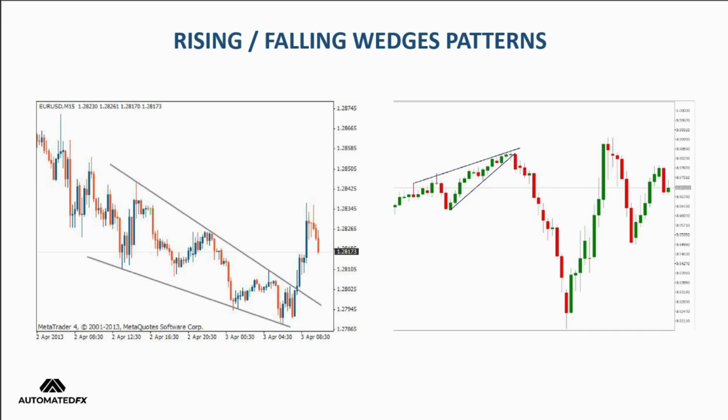A falling wedge forms when price moves downward within a narrowing trend line. It indicates weakening selling pressure and is often bullish. A breakout above the upper trend line may signal a reversal to the upside.